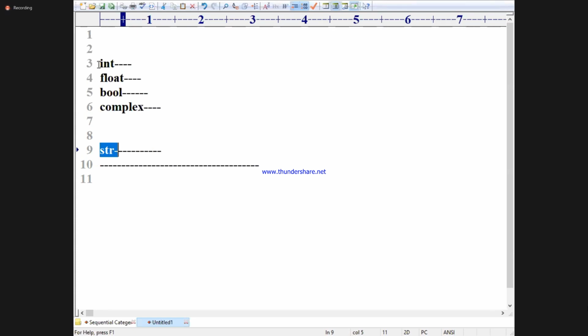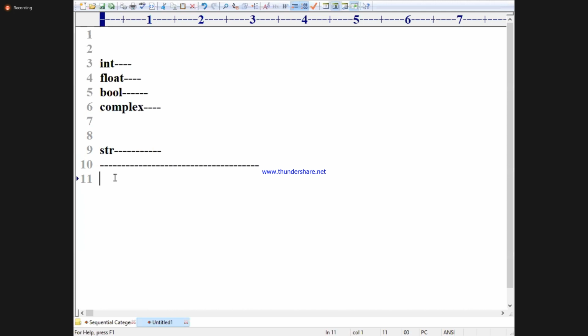Very frequently asked question: how many data types are there? 14. All 14 data types, one data type to another data type I want to convert. At this point of time, I would like to introduce the typecasting mechanism. An int value can be converted into float, bool, complex and STR.